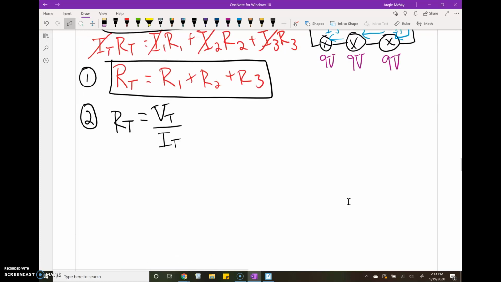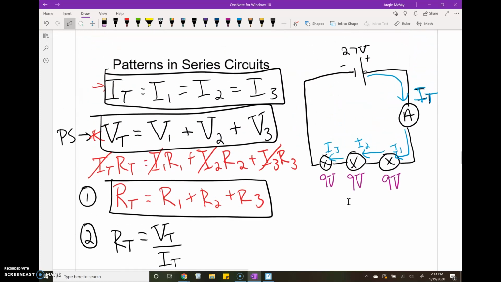And what do we know that light bulbs or other resistors provide? They provide resistance. What does resistance do? It's just like friction. It takes away that energy and turns it into heat, right?